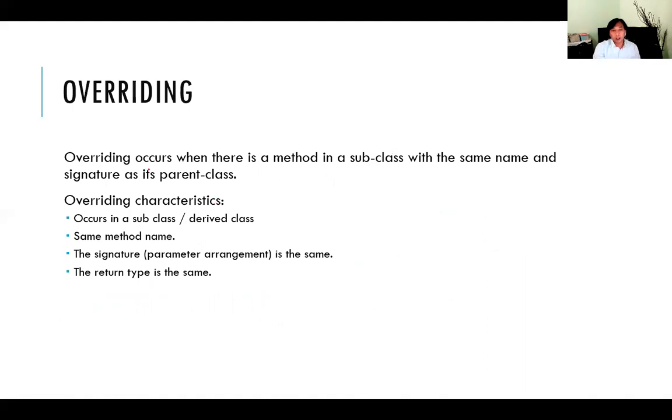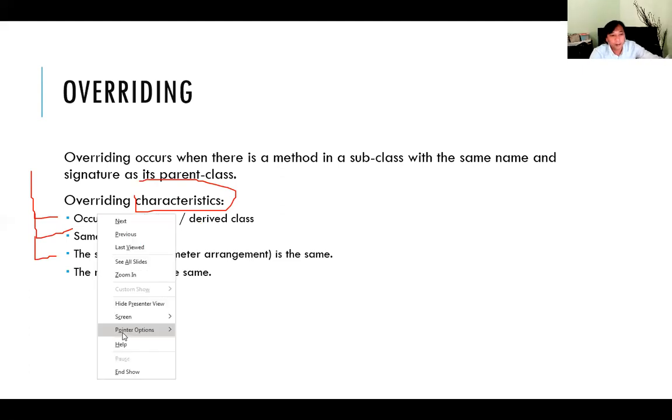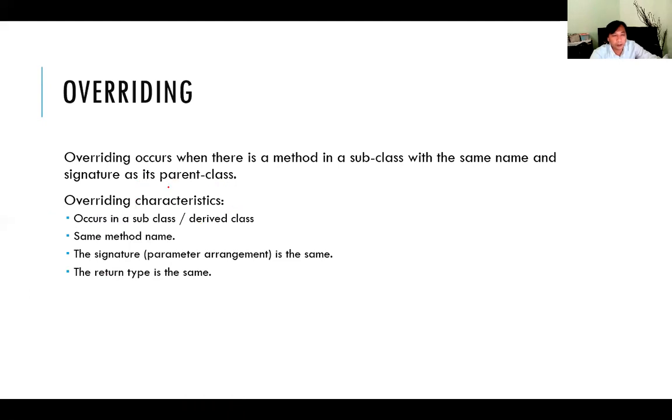So when we use overriding, you need to remember the characteristics of overriding itself. It needs to occur in a subclass or a derived class. It has the same method name. Sorry, this is a different discussion.